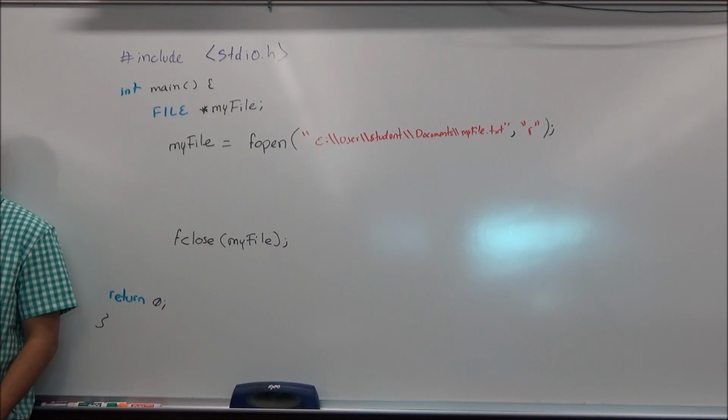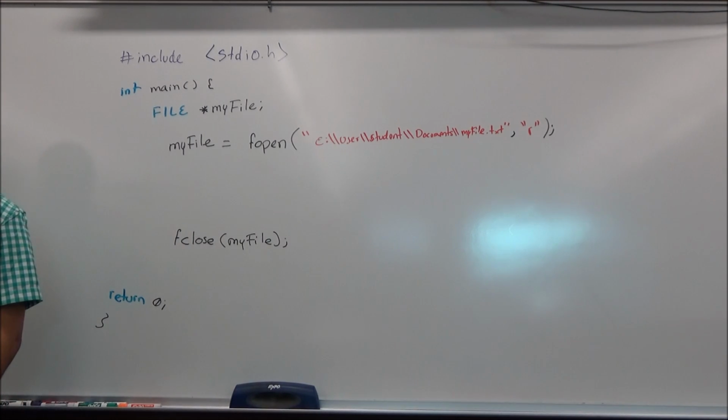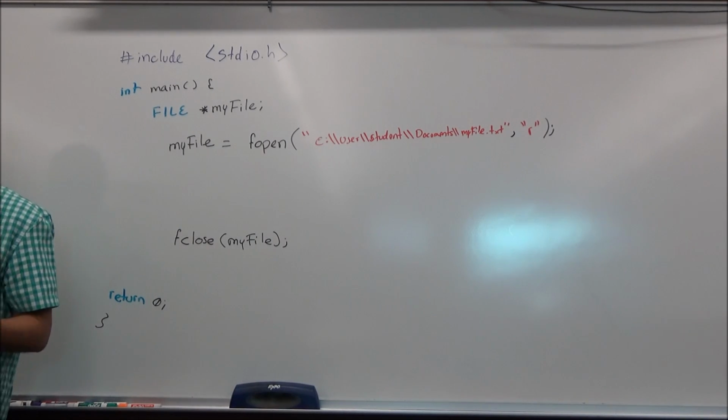You could be reading the stream from the network card. You could be reading from the keyboard. You can be reading from a flash drive. You can be reading from your hard drive. It doesn't matter. The computer, once it's looking at a stream source, it doesn't know what source that is.